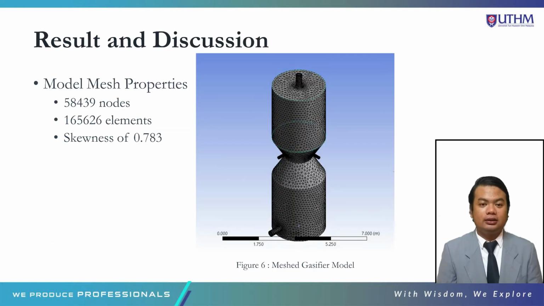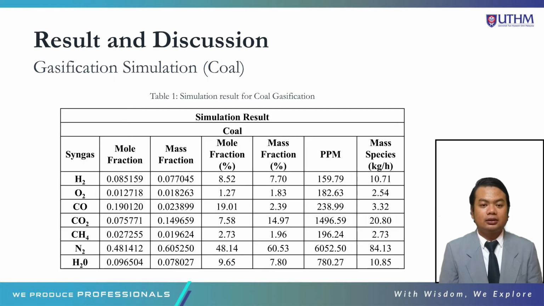For the result and discussion, the gasifier was meshed by using proximity and curvature as the size function for the meshing process, as shown in the slide. The simulation was run first with coal as gasification fuel to validate the result with the previous study. The result of the gasification of coal is shown in Table 1.